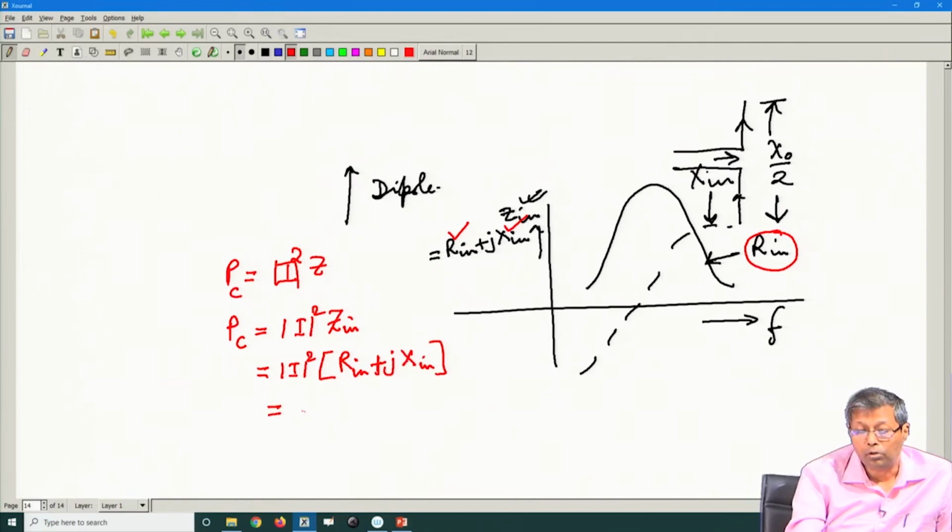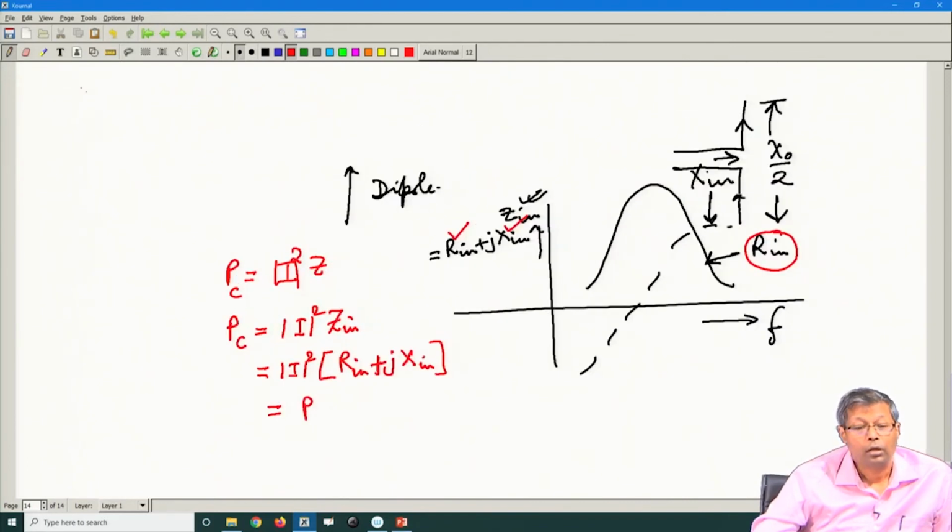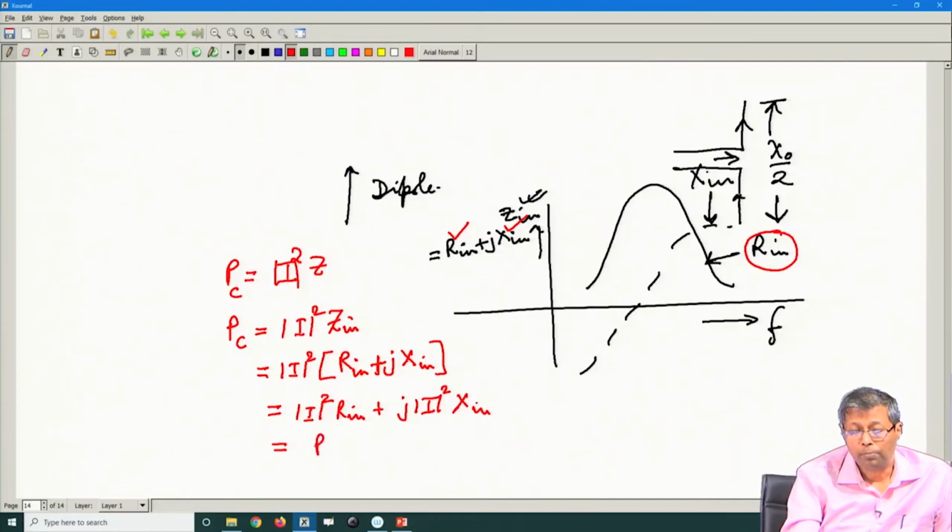So, that will be equal to |I|² R_in + j|I|² X_in. So, that is equal to P_R + jP_I.